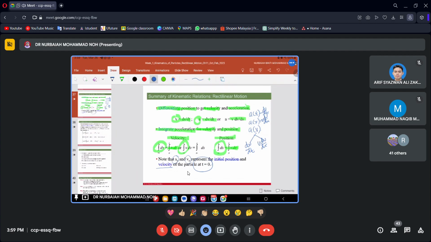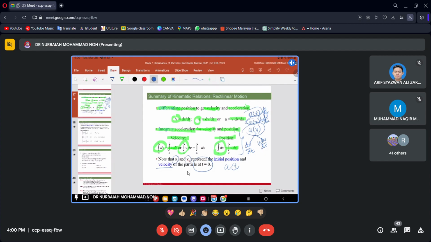Alright, and then this is what we use when we are talking about variable a. Maksudnya a itu adalah bentuk function. a is a function of t, a is a function of x, and a function of v yang ini.